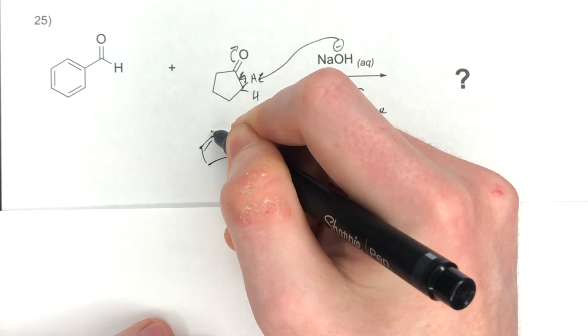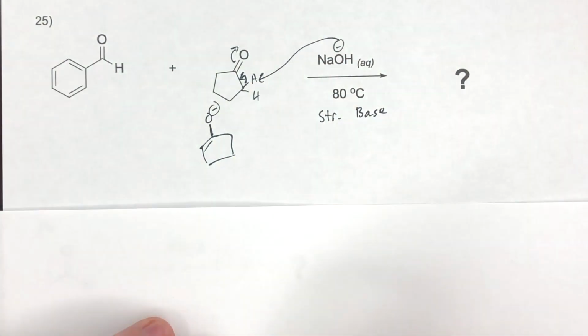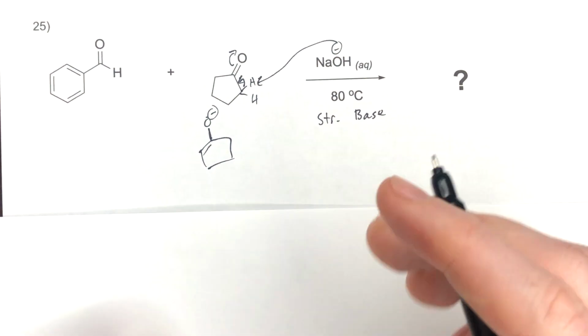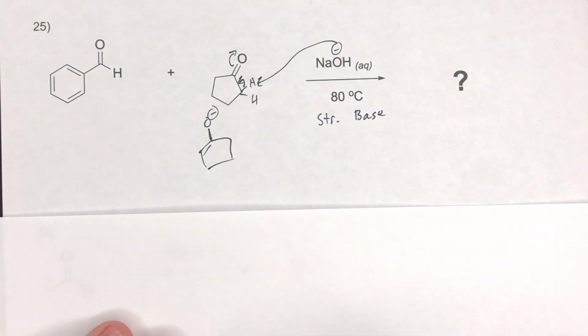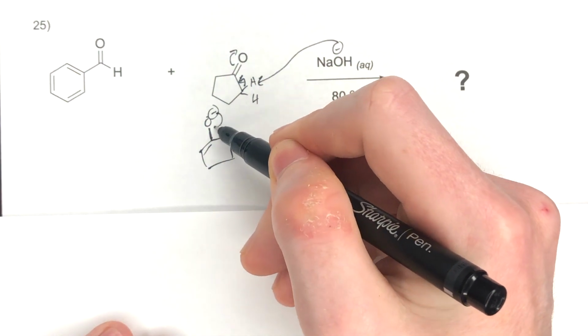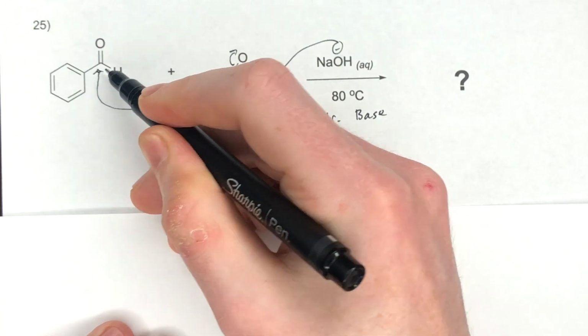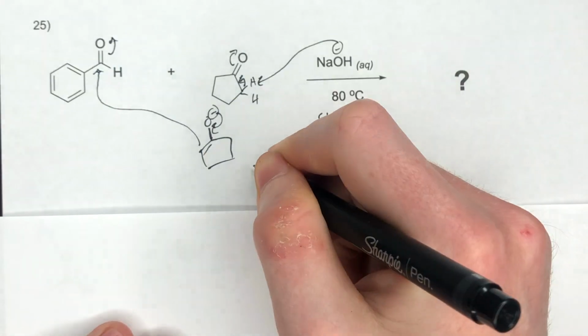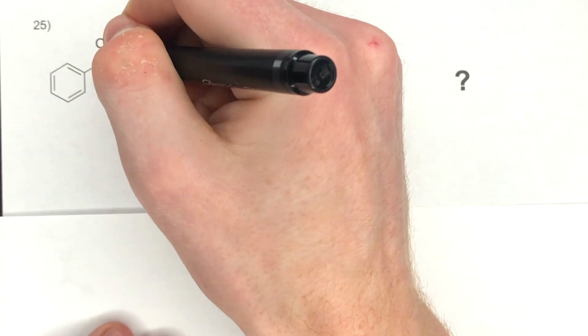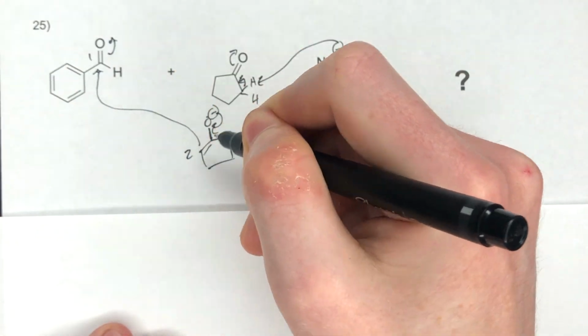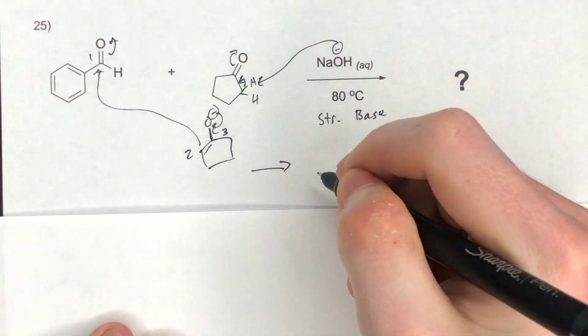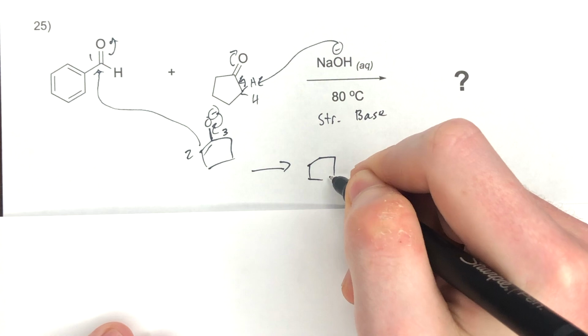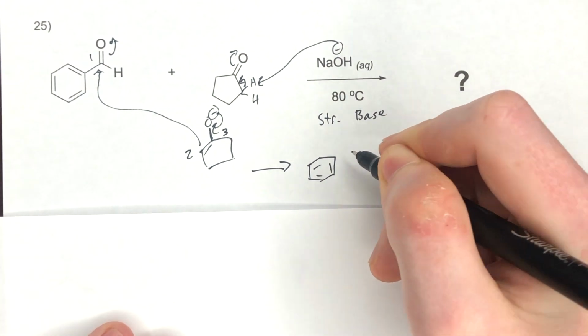So I'm actually going to draw it on the other side here just for ease of drawing the next step. So now you get this enolate. The enolate is going to add to the electrophilic carbon in this way. And now again, be very careful with the way that you draw this structure. You have to be deliberate with where the atoms are going and where the electrons are flowing.